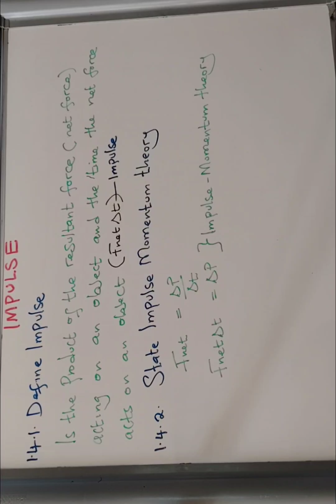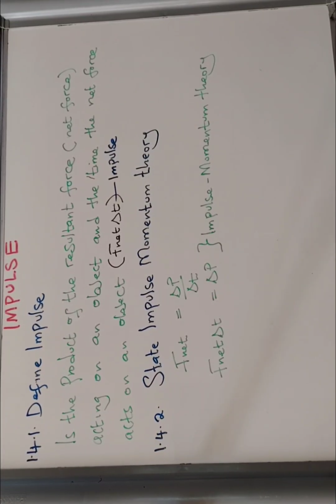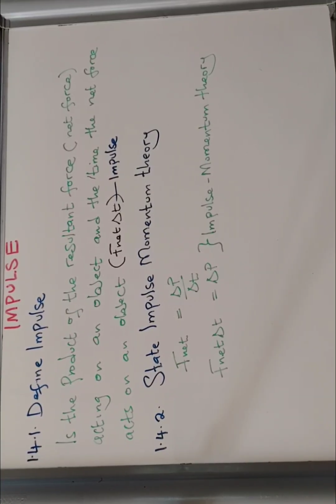Okay. And how do we state it? The impulse momentum theory states that the change in momentum of an object is equal to impulse applied on the body. Let me repeat.